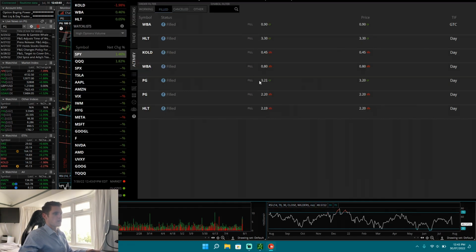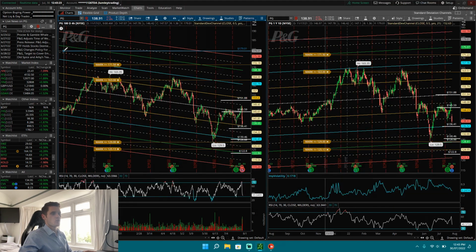If we were looking to close it as a credit, we could close it for $321, which means we made $101 on this trade. Obviously our max risk taking it was 220 and we only made $101.